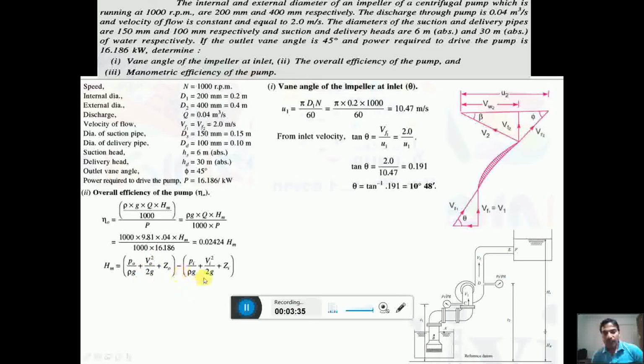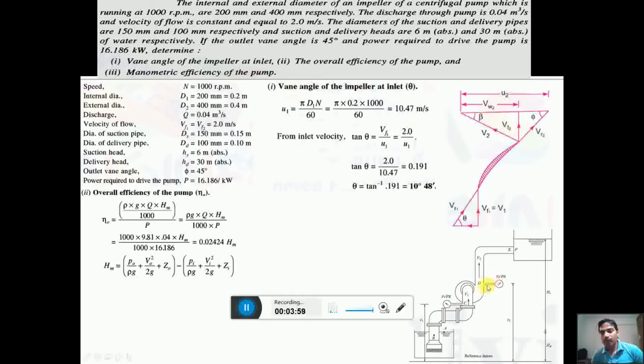Now come to manometric head. Manometric head is nothing but the runner head. How we can calculate runner head? This one is the input here. So whatever the power we are supplying here, so total head we are getting here. Now if we take difference of total head at outlet and at inlet, then that will give us the runner head.